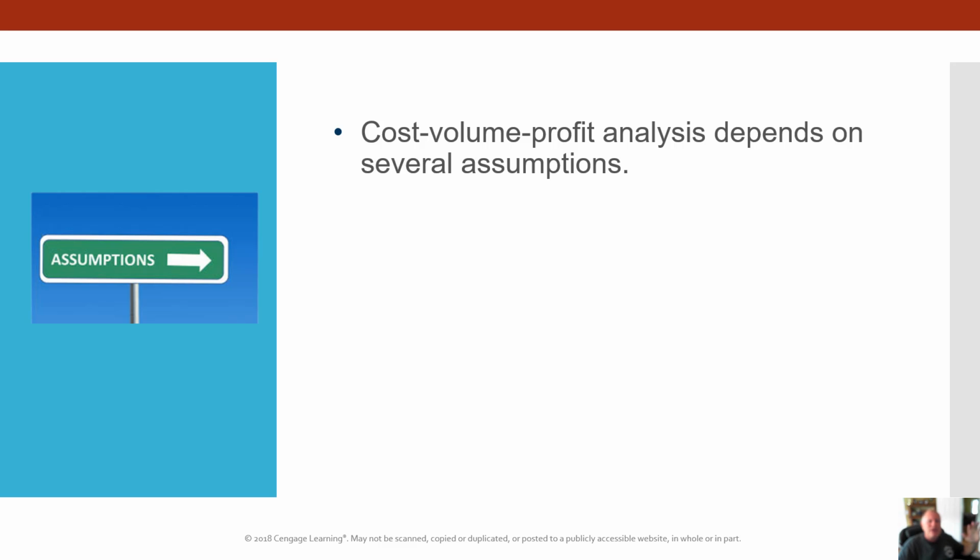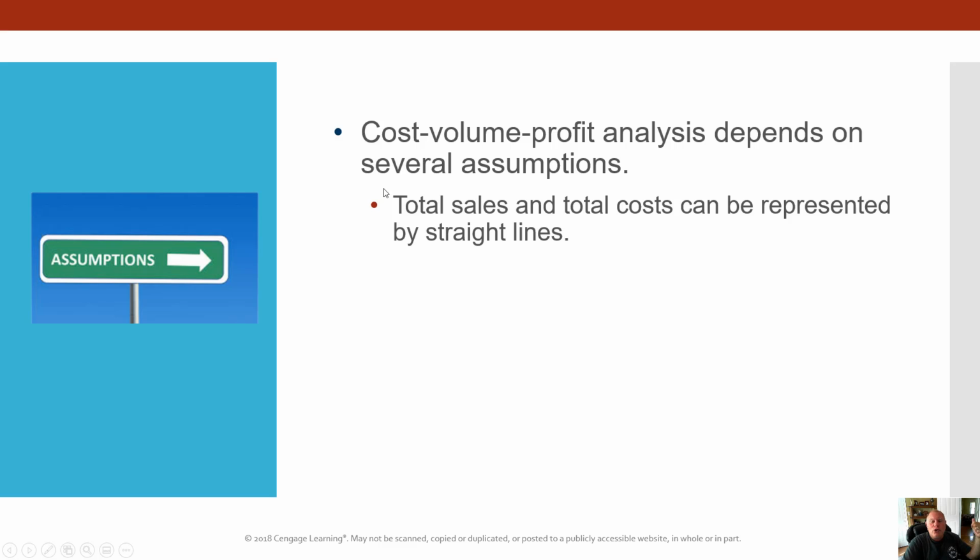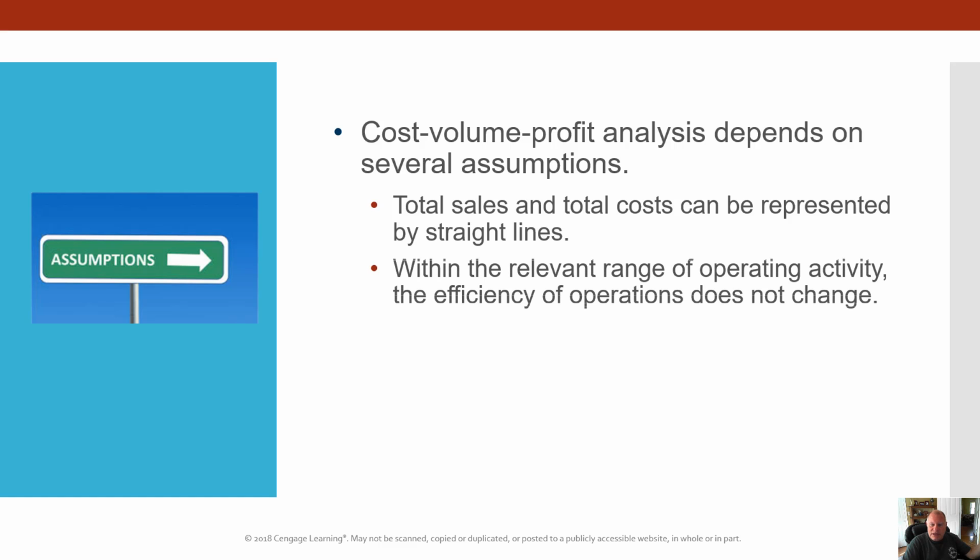One is that this entire cost volume profit analysis depends on a couple of key assumptions. The first one is total sales and total cost can be represented linearly with straight lines. Second is within the relevant range of operating activity, the efficiency of operations does not materially change.